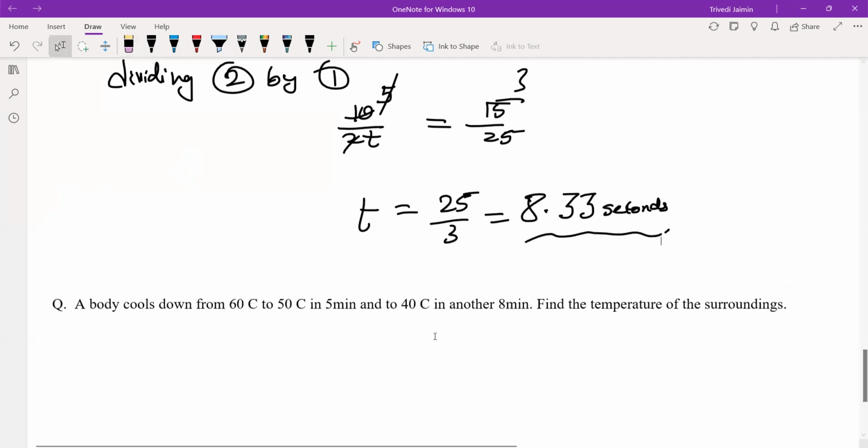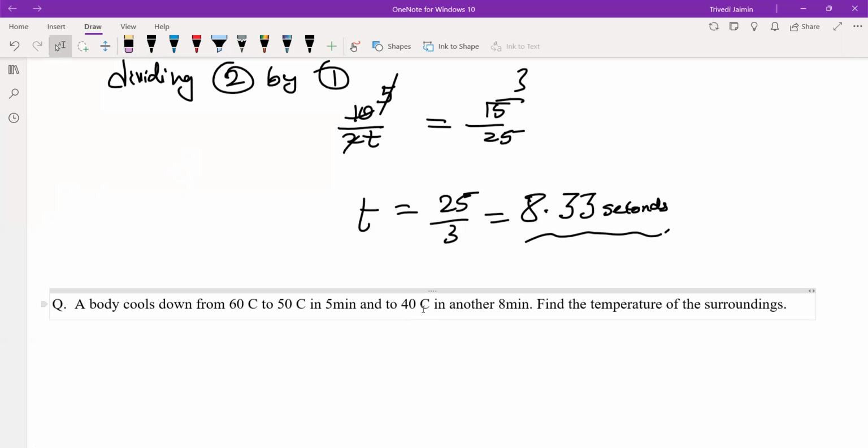Try this. You'll get around 30 only, because we took 8.33 here and here they are taking 8, so it will not be exact. By the way, this should be in minutes, right? Not 8 seconds.